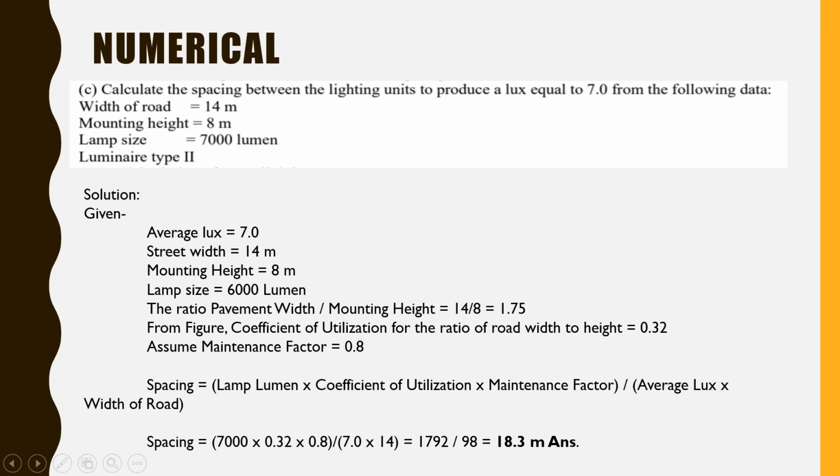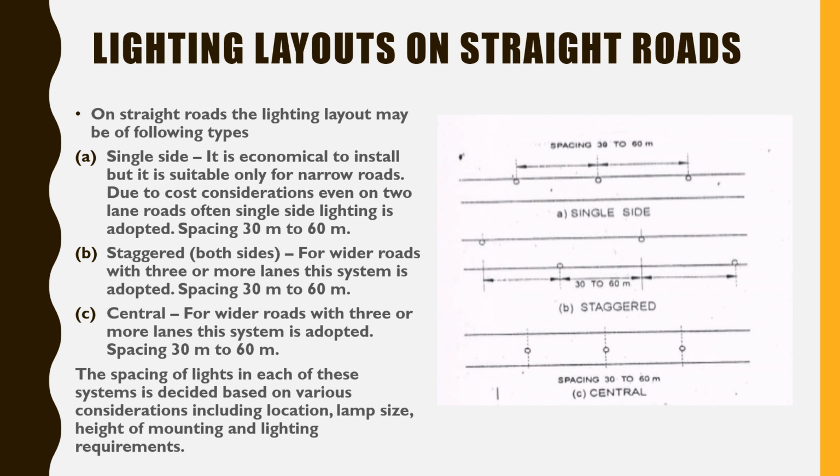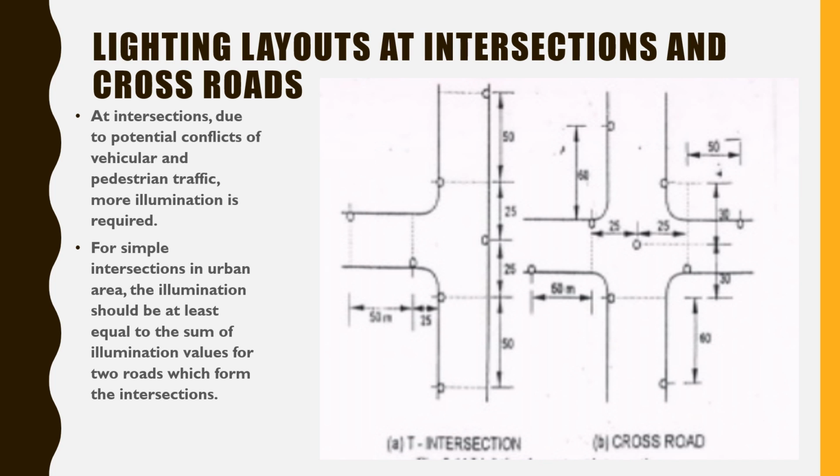lighting units. So I hope students you have understood today's lesson on the different layouts of lighting. We have seen straight roads with single side, staggered and central fashion. We also saw how it is done in the case of horizontal curves and at intersections like T intersections and crossroads.